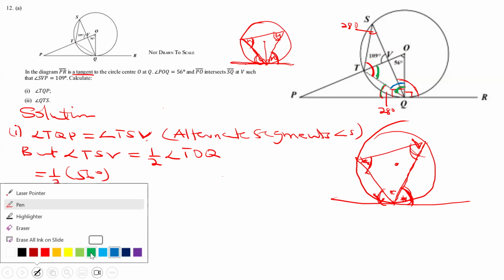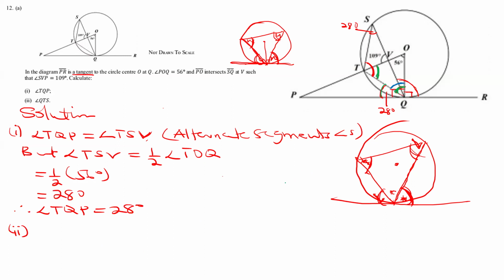The green angle, this angle, will be equal to 180 minus 56 divided by 2. That is the base angle of that isosceles triangle. Is that clear? So let me put it this way: angle OTQ is equal to angle OQT.